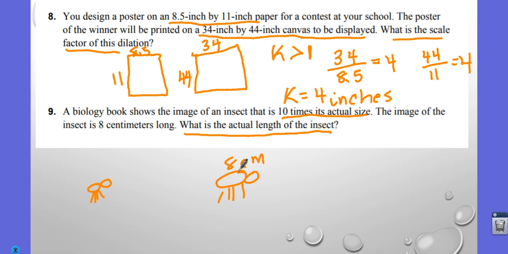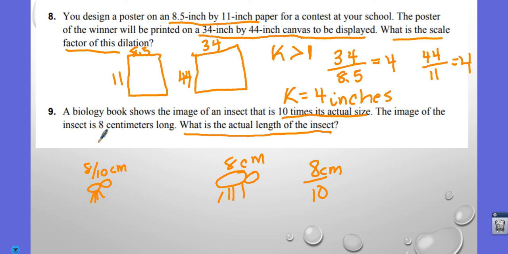If it's already 10 times its actual size, then we have 8. We need to figure out what I did to get this to be 10 times its actual size. So I'm going to take 8 centimeters and divide it by 10. So the bug before was 8 over 10 centimeters.